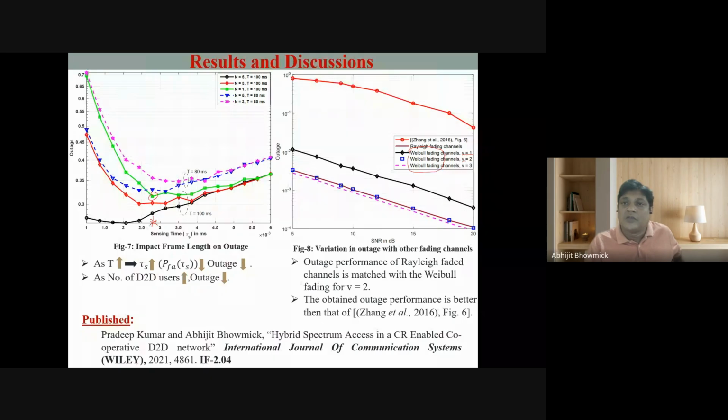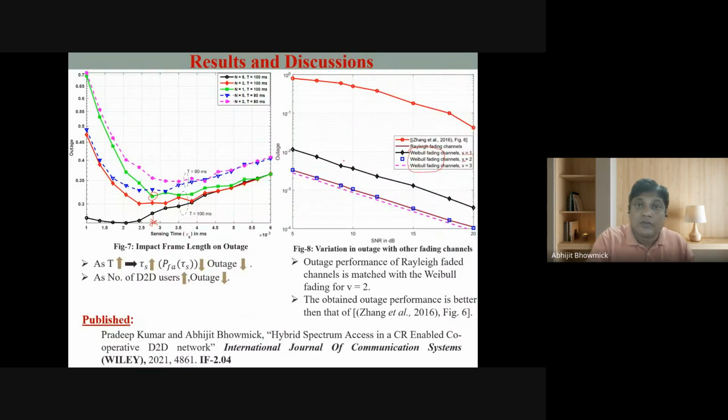Since V is increasing, from black, then blue, then the pink line for V equal to 3, the outage is minimum for a given SNR. Okay, clear? So outage we come to know.